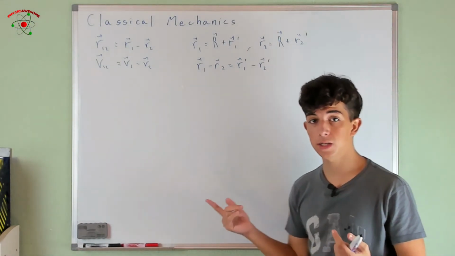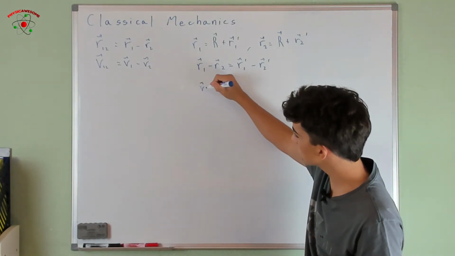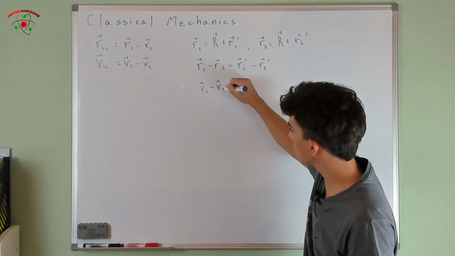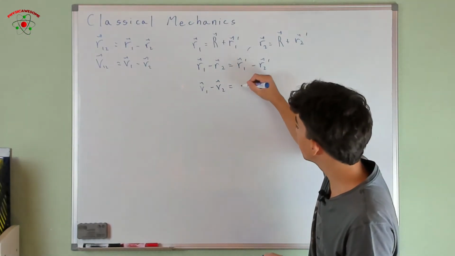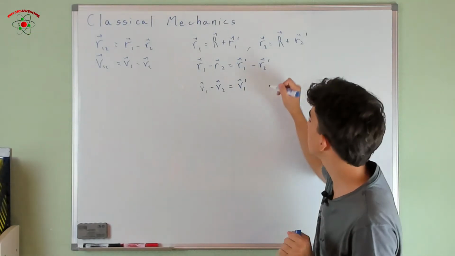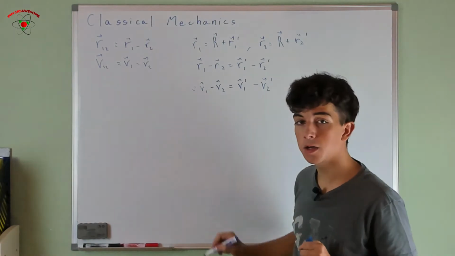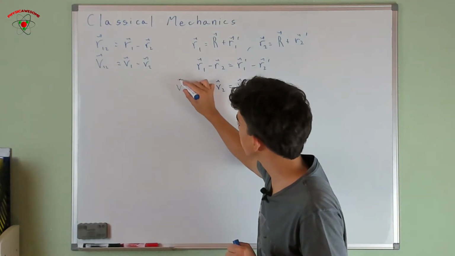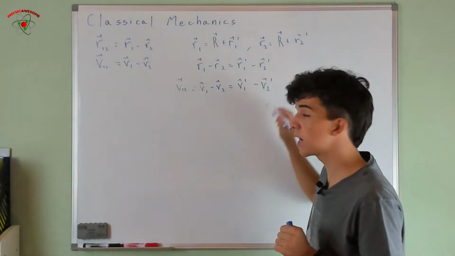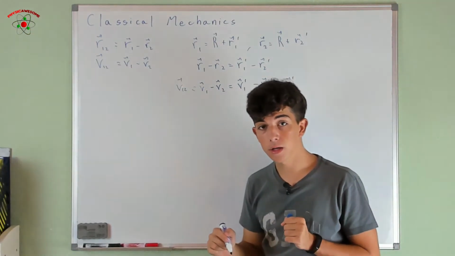We're going to differentiate this quantity, and what we're going to get is V1 minus V2 equals V1 prime minus V2 prime, differentiating with respect to time, to be clear. On this side, we have our V12, and on this side, we have our V12 prime.